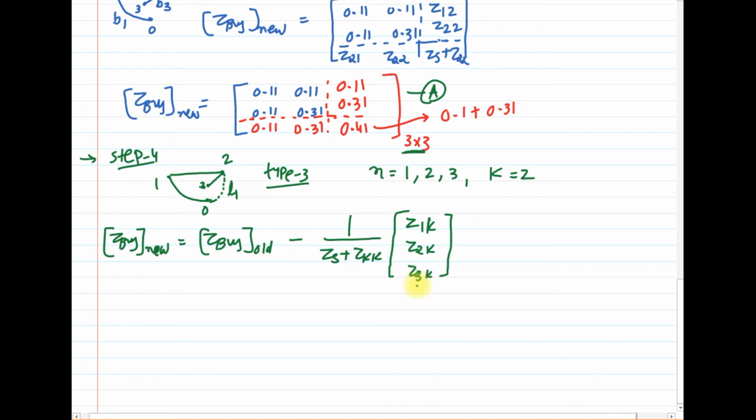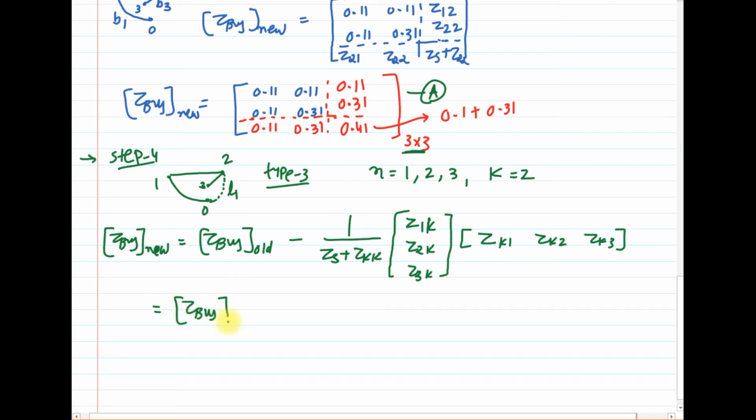We will write up to n, but n is limited up to 3, and the row vector which is again Zk1, Zk2, Zk3. Clear?